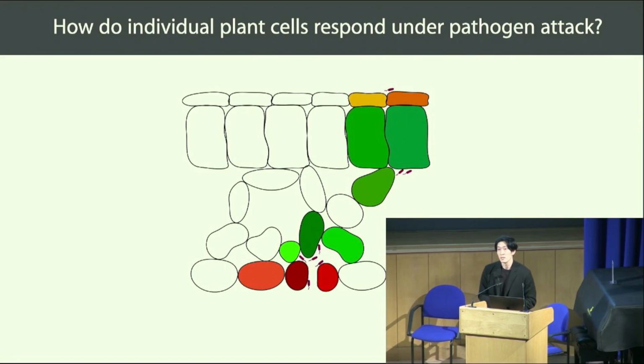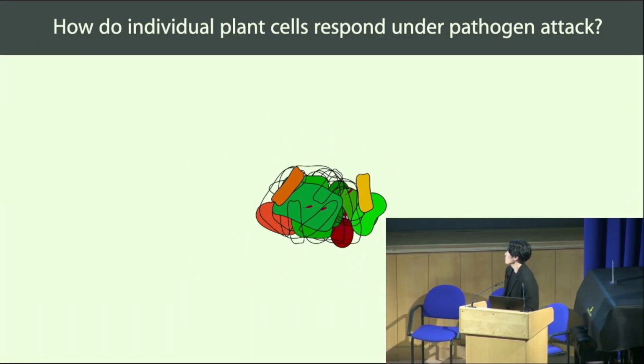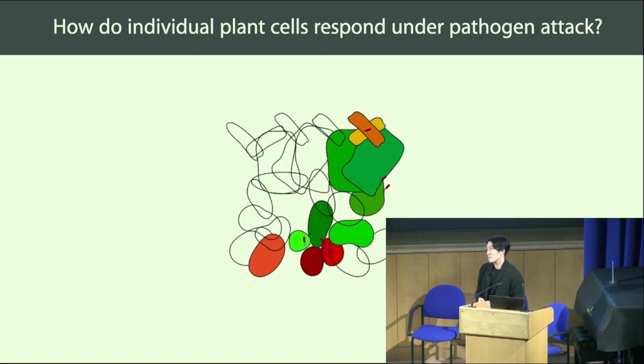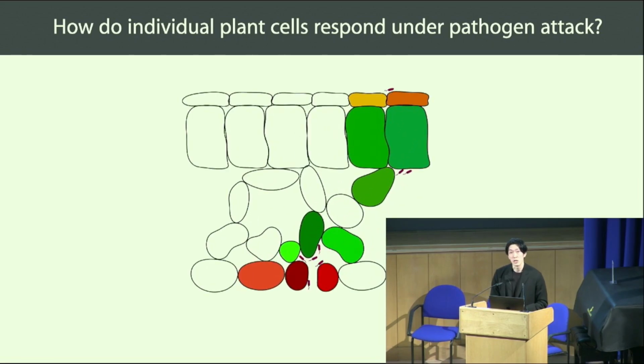People naively thought that individual plant cells would respond in different ways, but we didn't really know how this might look, because previous research mostly focused on tissue-level responses, grinding whole tissue up. But as Ian discussed yesterday, thanks to the development of single cell genomics technologies, now we can assess how individual cells respond. And that's something we're doing.